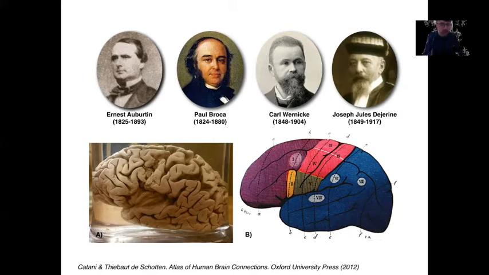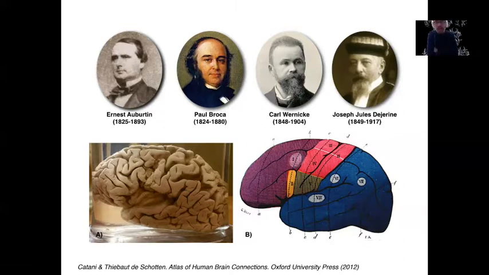Of course, Leborgne came to see Broca and was not able to speak. The only word that he could say was "tan." And Broca saw that as an opportunity to get direct access to his brain. So he gave him some care, but two weeks later the patient died, and Broca got his body, extracted the brain, and reported this tiny lesion in the posterior part of the frontal lobe of Leborgne.